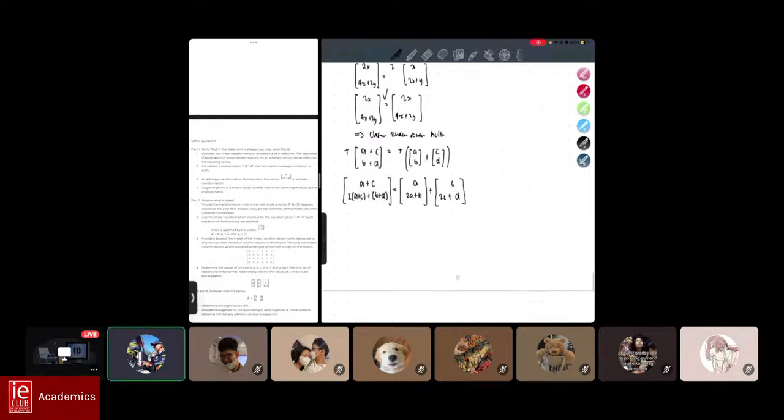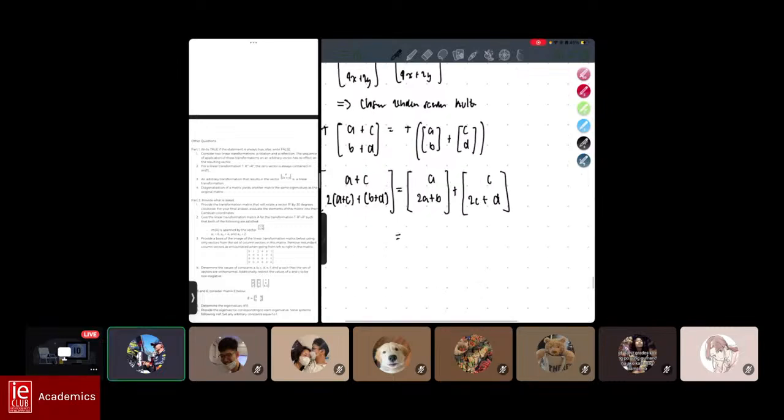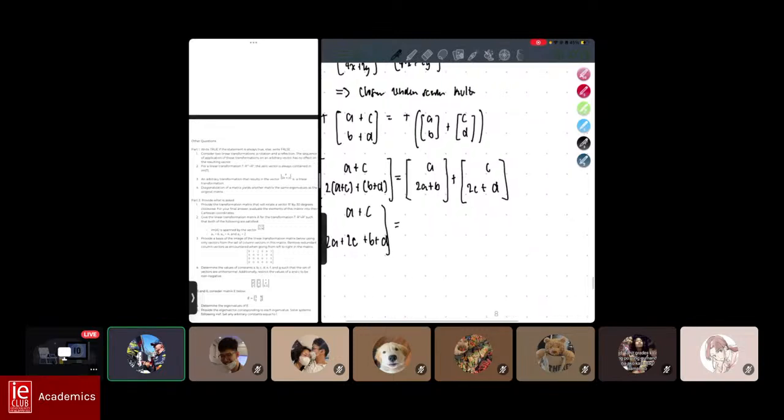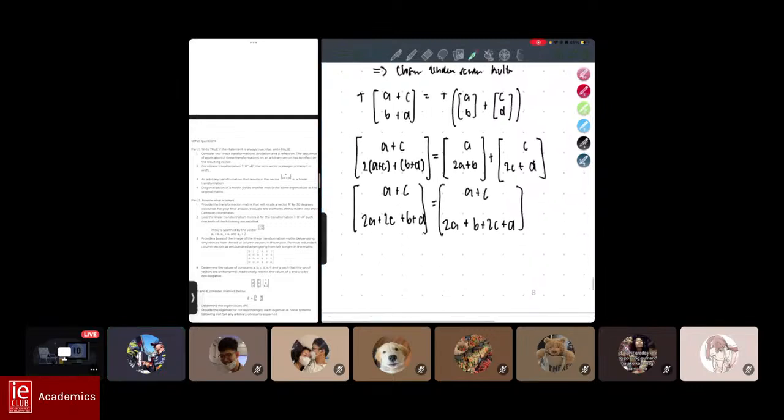Let's check. Simplify both sides. A plus c, 2a plus 2c plus b plus d. And that is equal to a plus c, 2a plus b plus 2c plus d. Let's check. A plus c, right. 2a plus 2c plus b plus d.